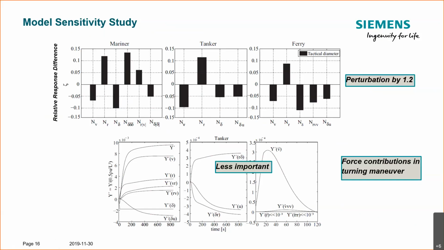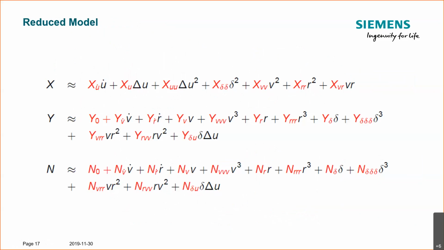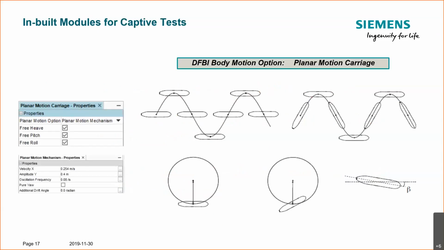In the end, a reduced model can be derived, which looks somewhat like that. I would consider it the very bare essential maneuvering model based on multivariate polynomials. The coefficients you see here in red are the ones we have to identify using STAR-CCM+. STAR-CCM+ conveniently comes with an inbuilt module for captive tests on idealized trajectories.